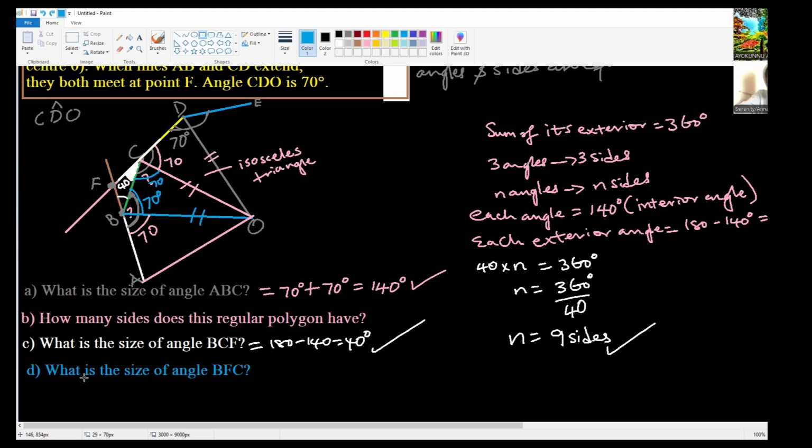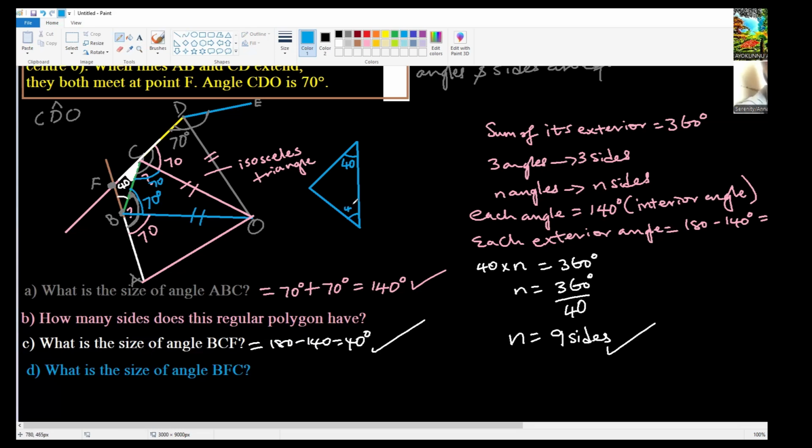So, if that is the case, let's look at this. Angle BFC. That means we are finding the angle at the center of that smaller triangle, okay? If I bring out that smaller triangle like this, and the other side that covers it like this. From what we have, this angle is 40. Then automatically this angle also should be 40.